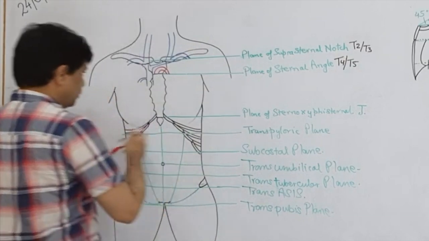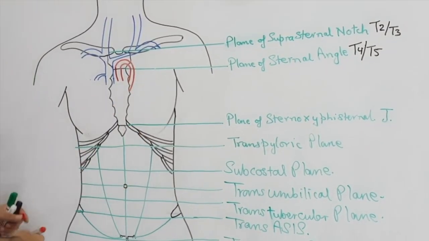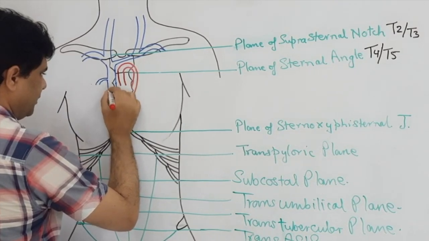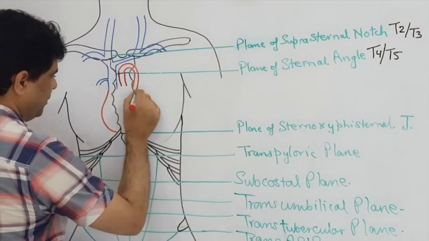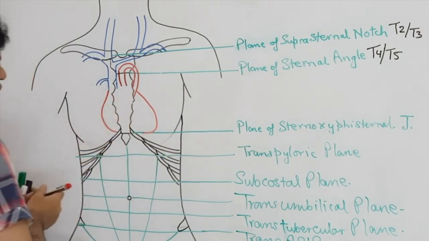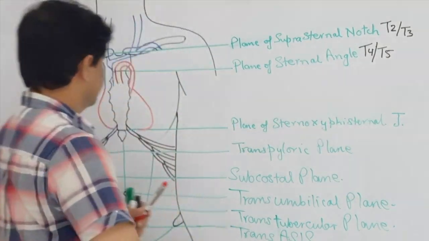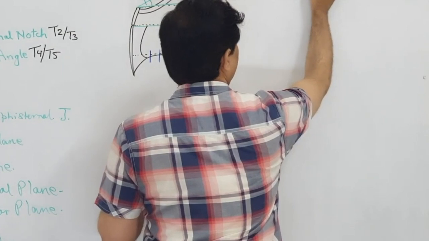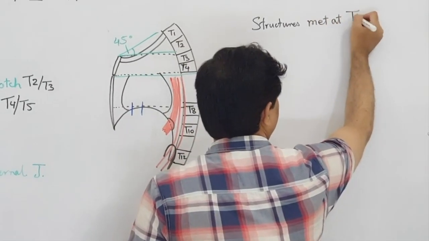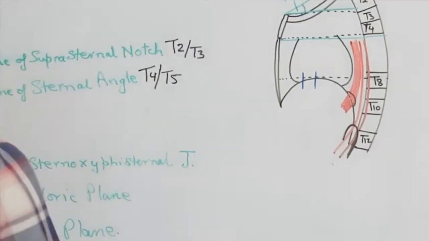So what have you found out at this level? Like this. Let me complete it so it might be better for you to see. Maybe not a very symmetrical diagram, but anyway, just to tell you the contents of this. And the vertebral levels, structures met at T4, T5, transverse plane.